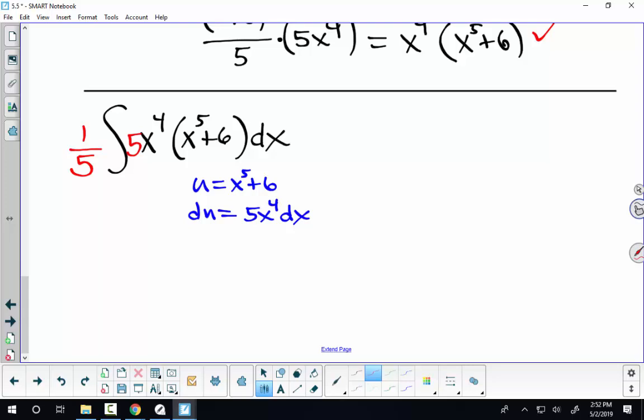kind of along the same vein of the first two examples that we looked at. So we have this 1/5 here times our integral. 5x^4 dx is our du. And then that was (x^5 + 6)^9. And then our (x^5 + 6)^9 is just u^9.